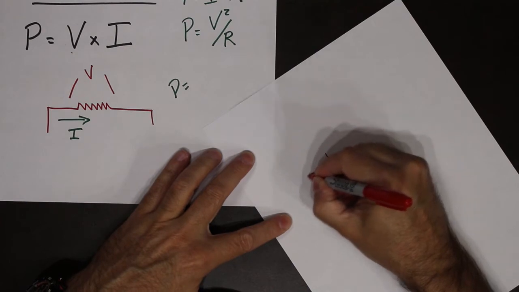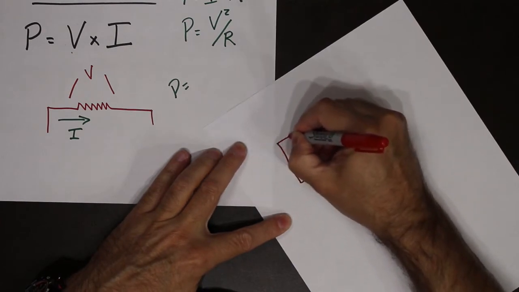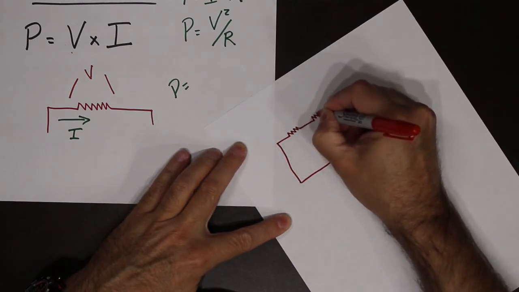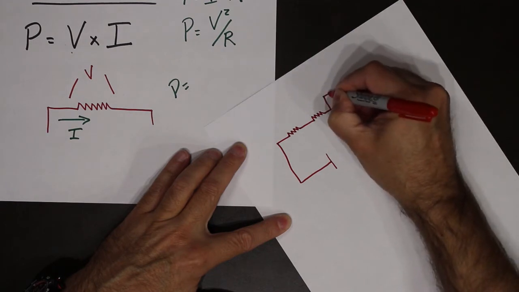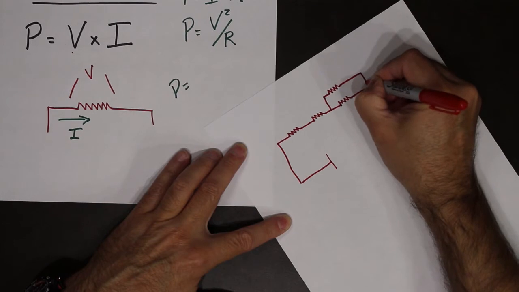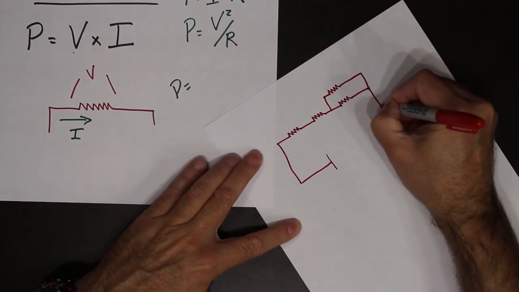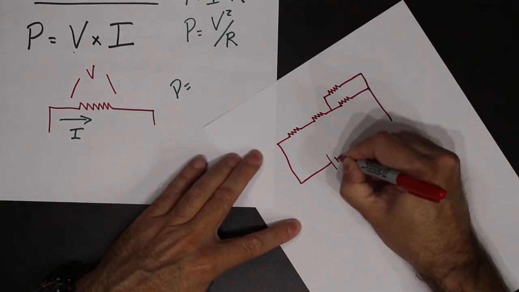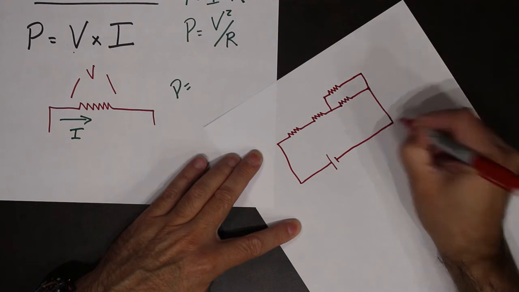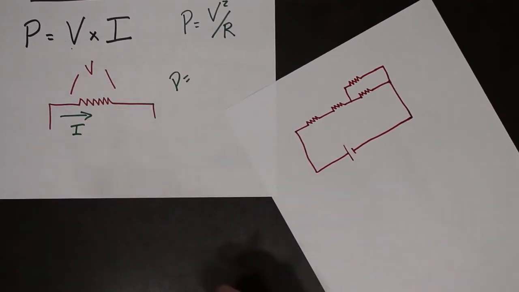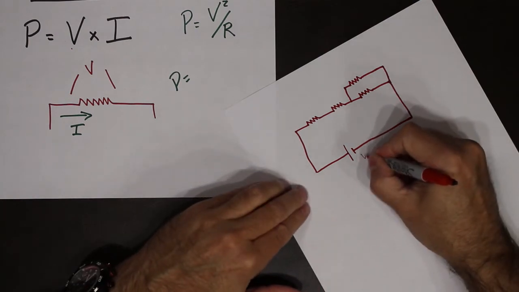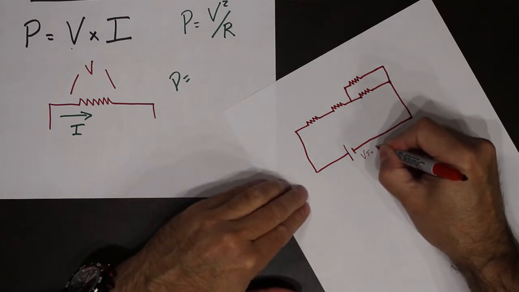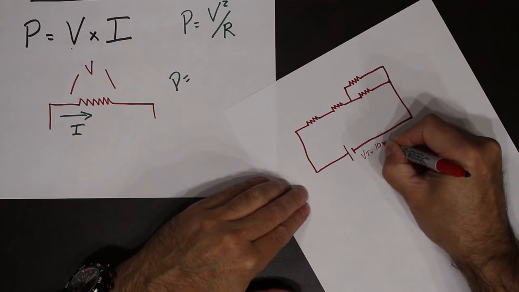And let's do this. So here's my circuit. We're going to say V total is 10 volts.